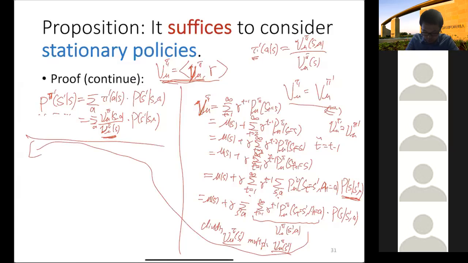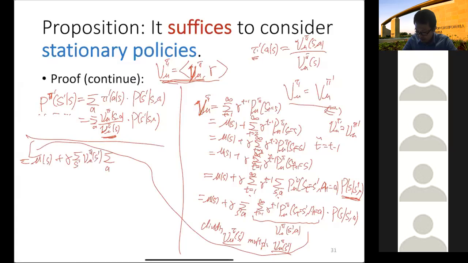So what we're going to get is mu of s plus gamma and summation only over s prime, and let's first multiply this. We get nu pi of s prime. Okay, and then we sum over a, right?